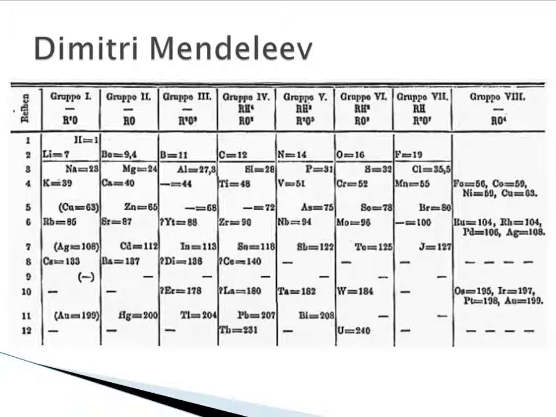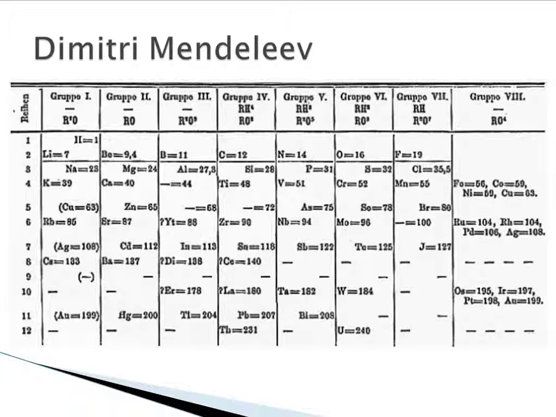Dmitri Mendeleev, instead of organizing his periodic table by symbol or whatever, he went with atomic mass. Now this is different than our periodic table because our periodic table is by atomic number. He decided to organize it by atomic mass. So it looks very much different, but if you look very closely at it, you've got boron, carbon, nitrogen, oxygen, fluorine.